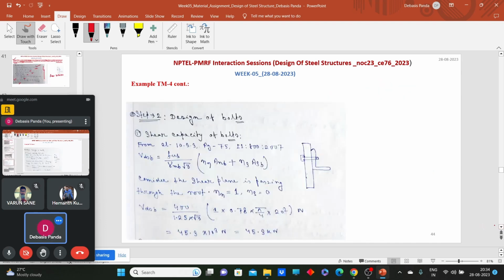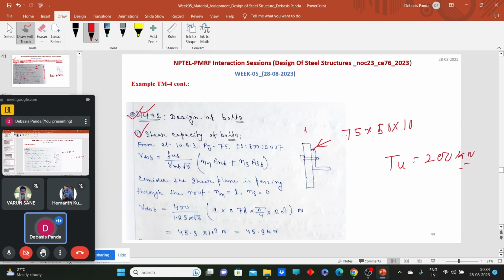Now, second step, we need to design the bolt. We have selected the angle section 75 into 50 into 10. Now we need to calculate how many bolts will be required to transfer T_u equal to 200 kilonewton. So we need to calculate the shear capacity of the bolt.